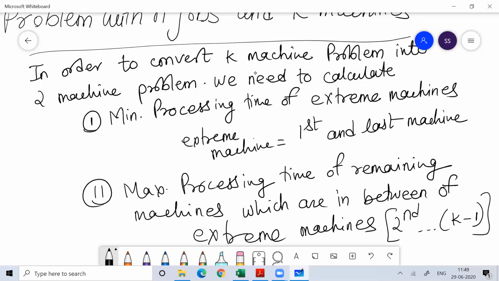Please write it down. If you are sitting with a notebook and pencil or pen, please write it down. You will compare the minimum processing time of the extreme machines, which are your first and last machine, with the maximum processing time of the remaining machines, which are in between the first and last machine.